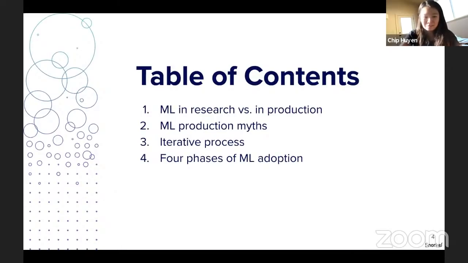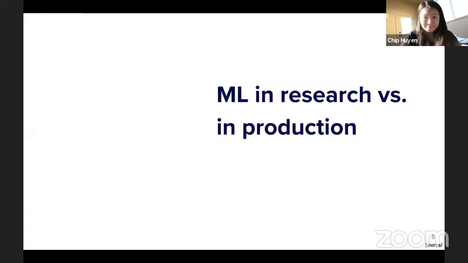The next is a process that I think makes sense. I noticed that in the industry, machine learning is still fairly new and everyone is still doing their own thing. So I'm hoping this can start a discussion for some standardization around the process. And then next is the 4 phases of machine learning production, with some principles that I think would be interesting to keep in mind when we build a system.